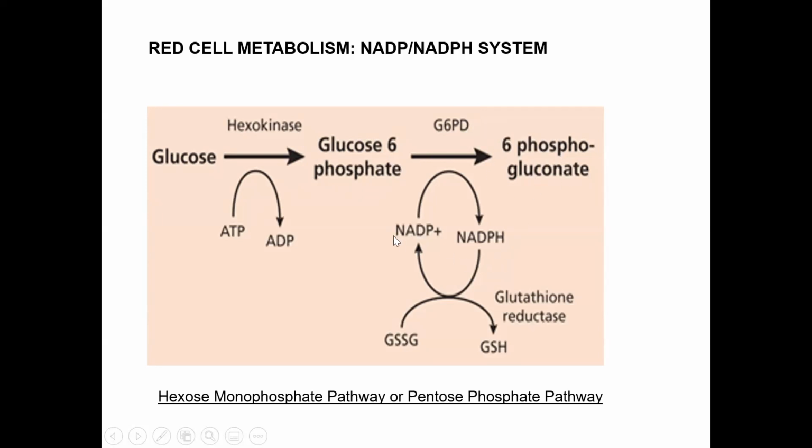And this will cause this step, your NADP to NADPH, and this is necessary for maintaining your glutathione in the reduced state. Okay, GSH is the reduced glutathione, through the hexose monophosphate pathway or pentose phosphate pathway.